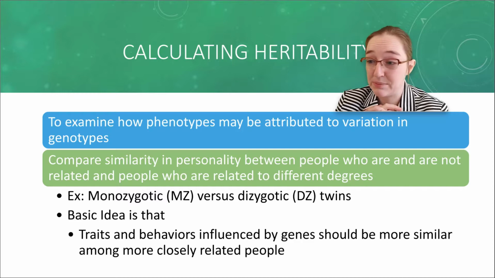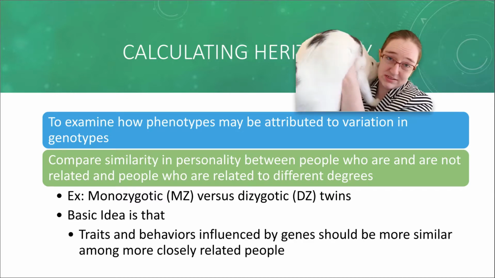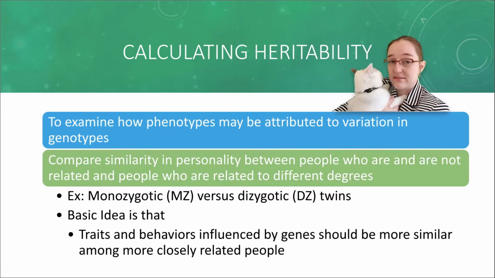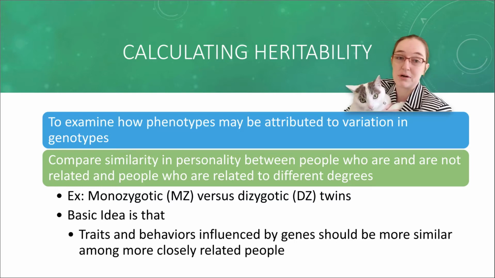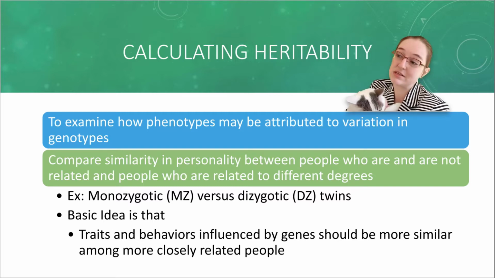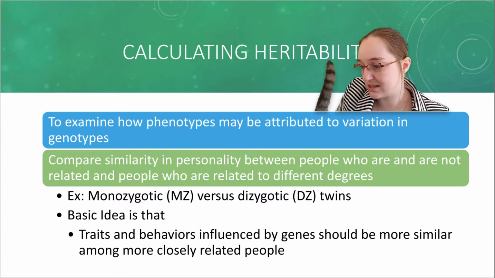If there's a genetic influence, the more related you are, the more similar you'll be. But if we don't see differences in similarity across groups, the effect is not genetic. That's the basic idea.